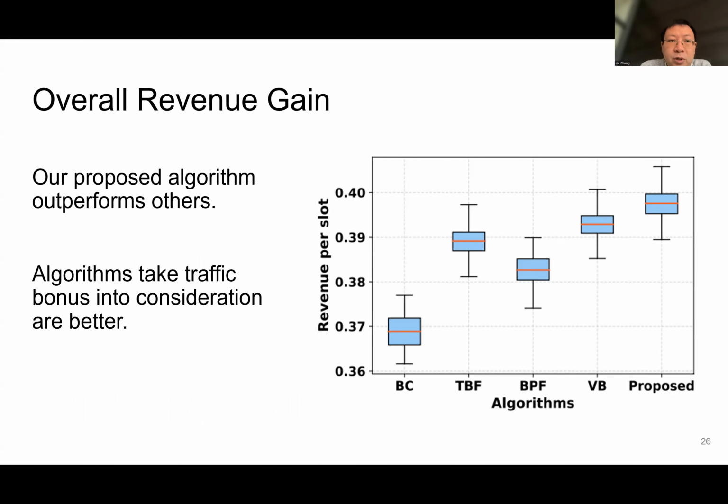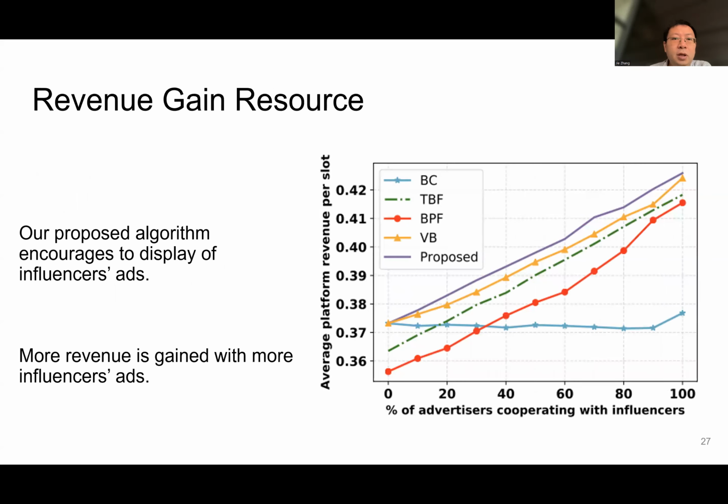From the experimental results, we observed that our proposed algorithm outperforms the others, and algorithms that take traffic bonus into consideration perform better. Also from this figure, we can see that our proposed algorithm encourages the display of influencers' ads, and more revenue is gained with more influencers' ads.